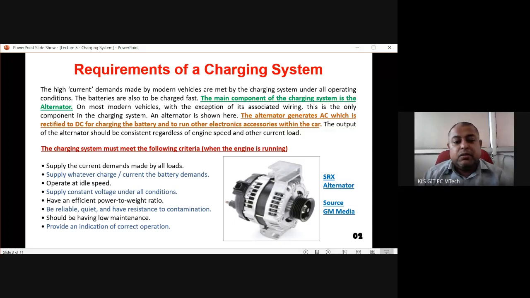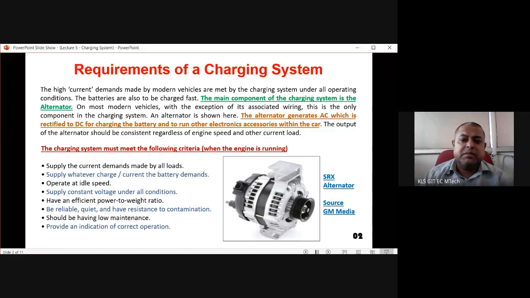Be reliable, quiet, and have resistance to contamination. A car is subject to a lot of dust, a lot of moisture, and heavily varying conditions. Under all these conditions, the alternator should be highly reliable.